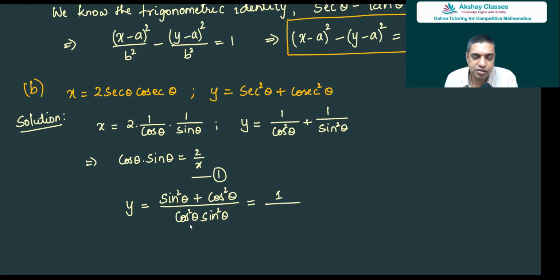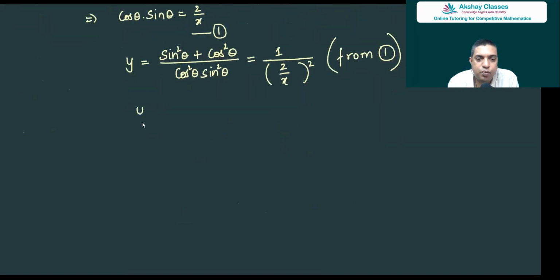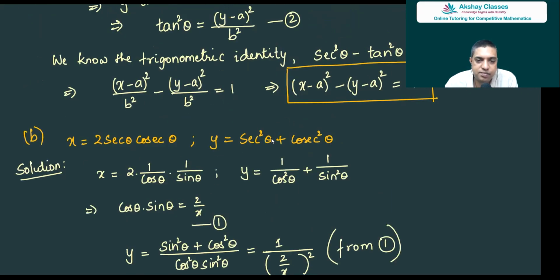The denominator is cos square into sine square, that is cos theta into sine theta, the whole square. That will be 2 upon x, the whole square, from 1. So we get y is equal to x square upon 4. So x square is equal to 4y. That's the answer.